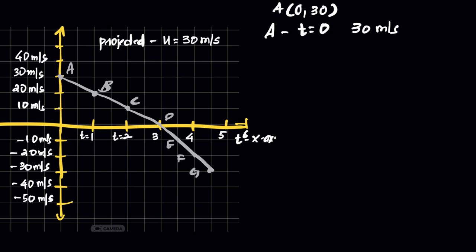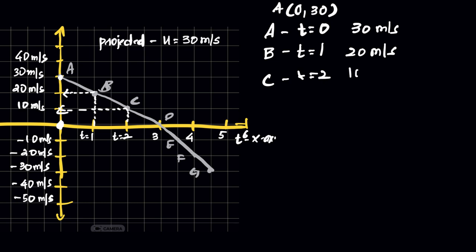At B, at t is equal to 1, the corresponding velocity is 20 meter per second. Very similarly, at C, t is equal to 2, the velocity is 10 meter per second. At D, t is equal to 3, it is 0.